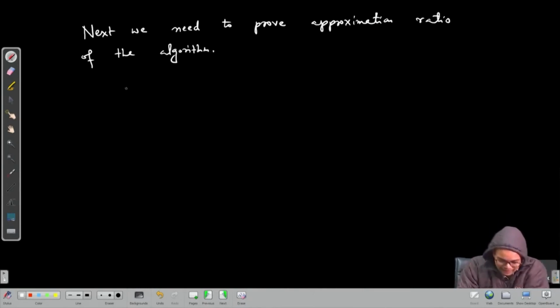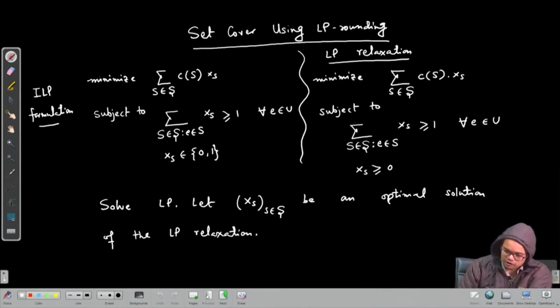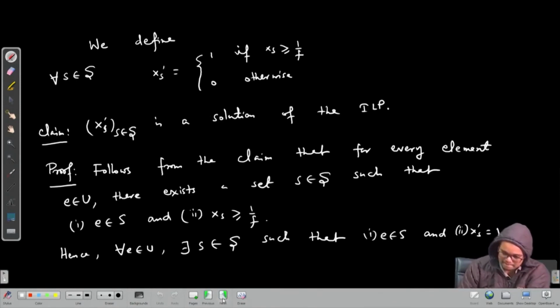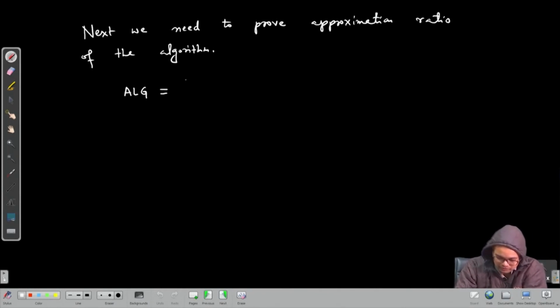So what is ALG? This is the value of the objective function at solution x'_S. This is the summation of c_S x'_S over S in script S.